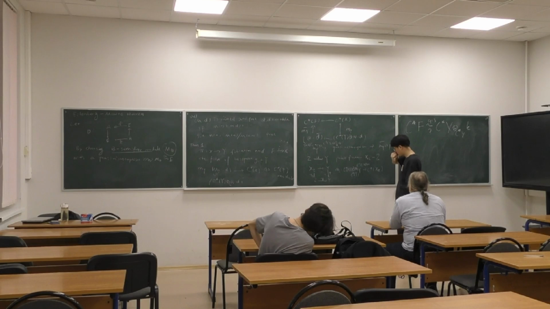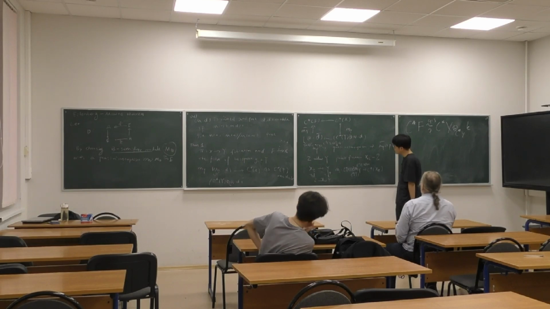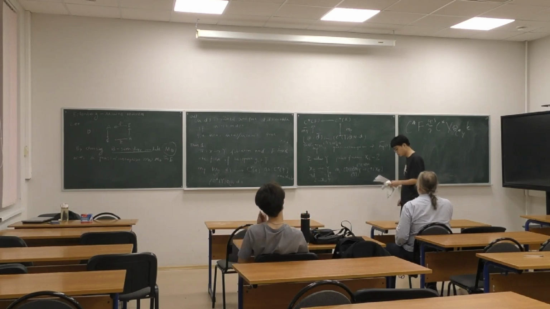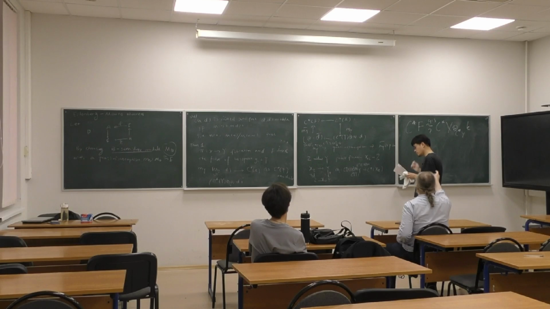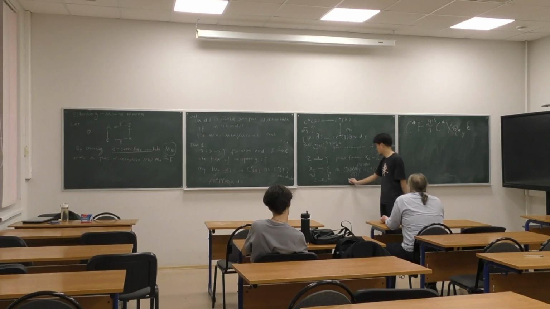Okay, but then the map we get by tensoring the small m by k is not the same. We want to construct this map.